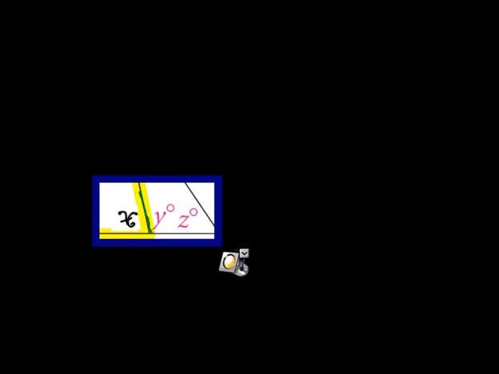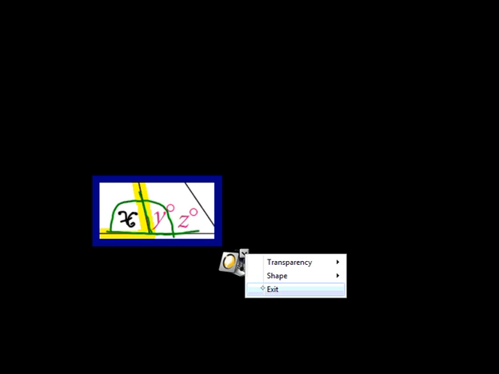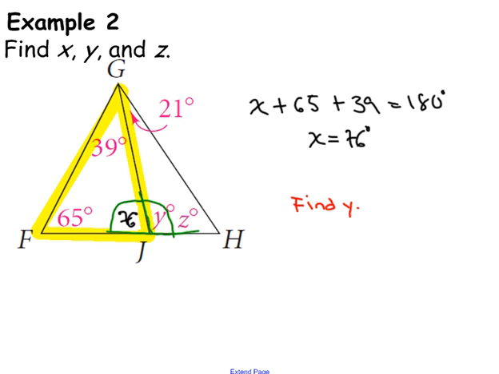Here is the straight angle, and these two angles should add up to 180 degrees. These are supplementary. So we're going to find y by saying y plus 76 equals 180. And when we solve for y, we get 104. So y is 104.